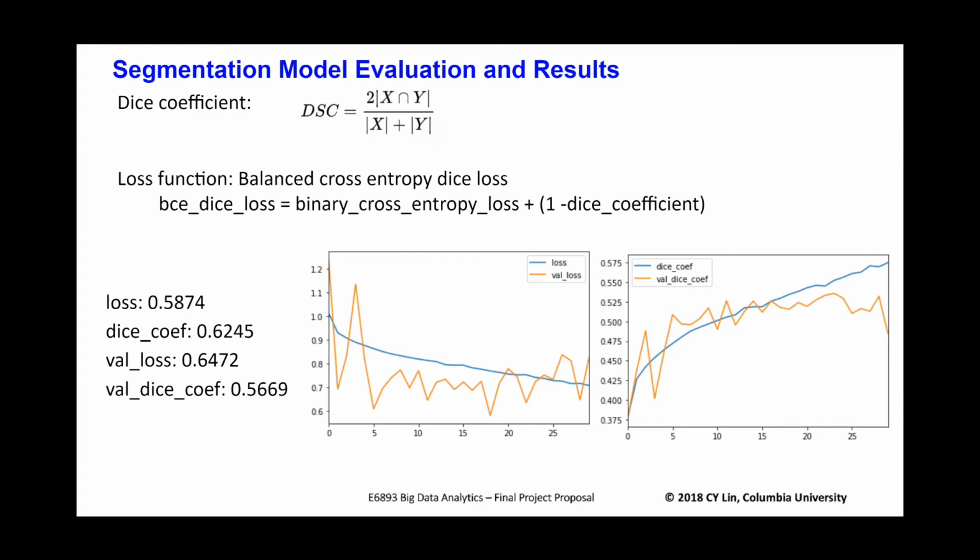The left-hand side is the best model we have in terms of the loss, dice coefficient, validation loss, and validation dice coefficient. The right-hand side is the plot of our training process. The first picture is the loss and the validation loss versus epochs, and the second one is the dice coefficient and validation dice coefficient versus epochs.